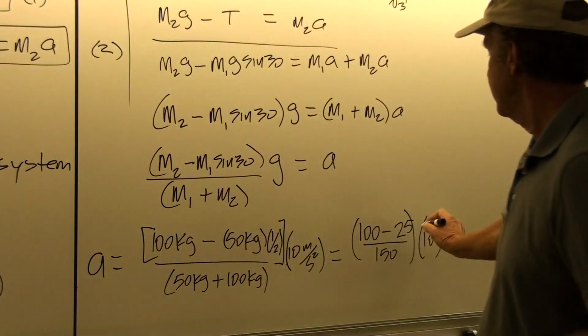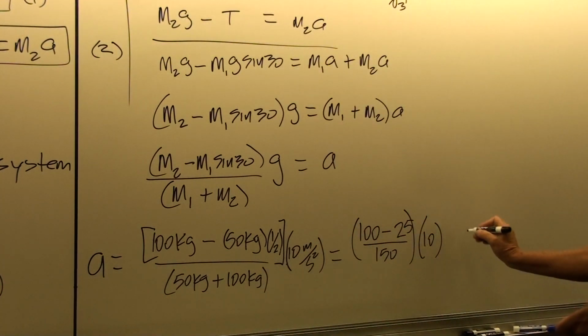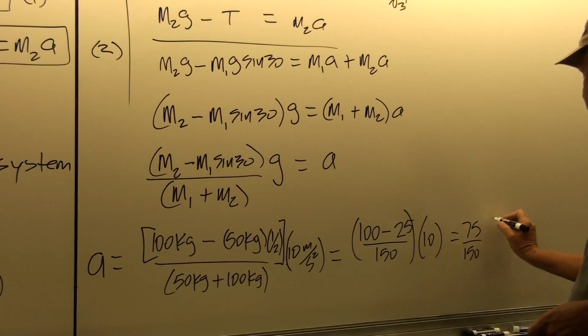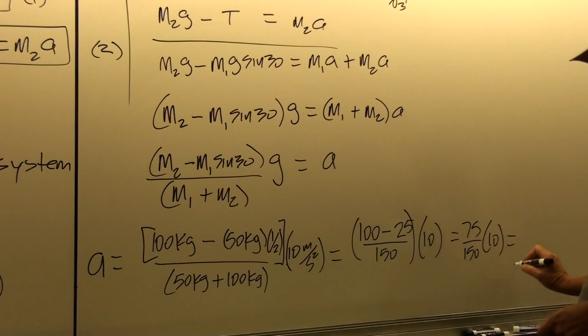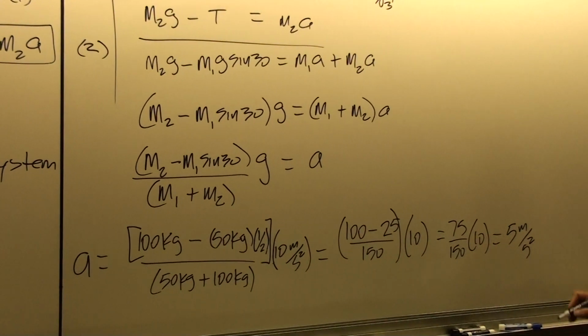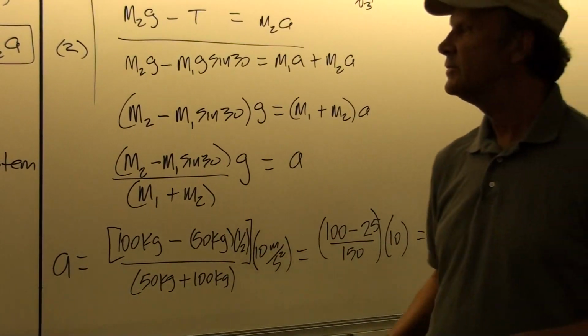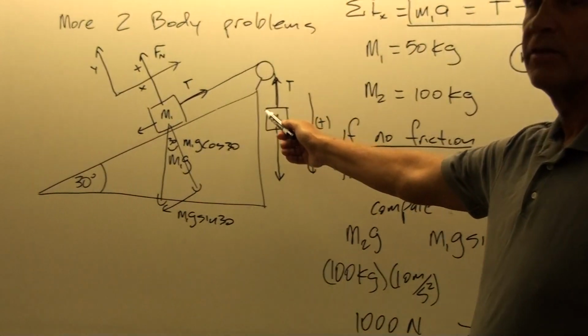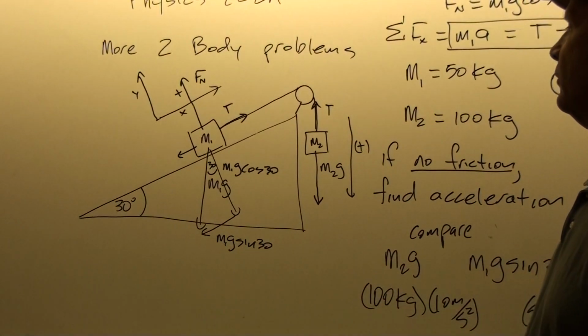And so I'm leaving out the units and just crunching out the numbers. It's going to be 75 over 150 times 10, or that's just 1/2 times 10 is 5 meters per second squared. Okay, and so this system then is going to tend to accelerate at about half the acceleration due to gravity with no friction.